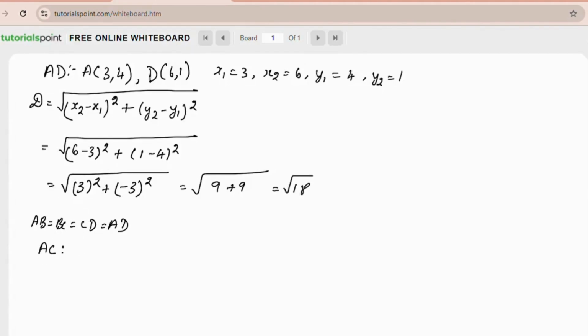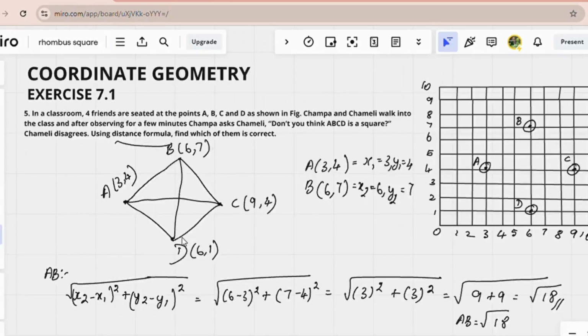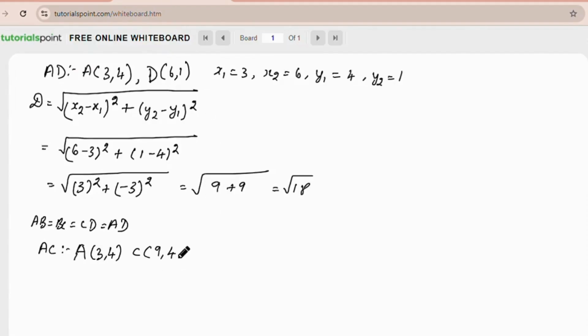The A point is 3, 4 and the C point is 9, 4. From this, x1 equals 3, x2 equals 9, y1 equals 4, y2 equals 4.